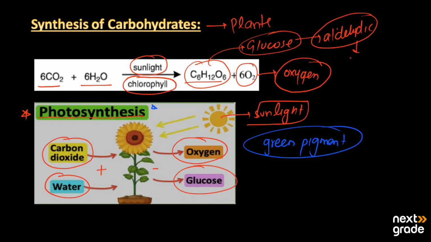Further, the glucose polymerizes and forms the different products of the carbohydrates, and it all depends upon the chain of carbon atoms, how many carbon atoms are present and forming the polymers.